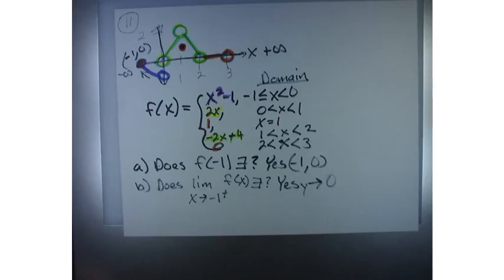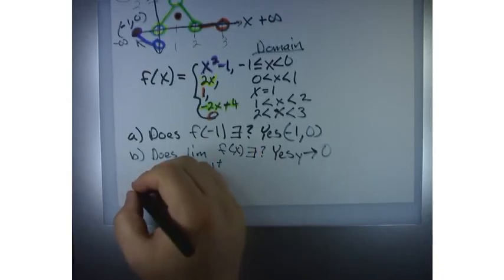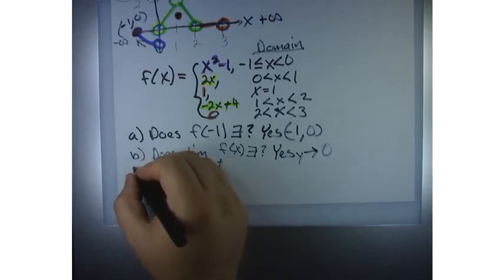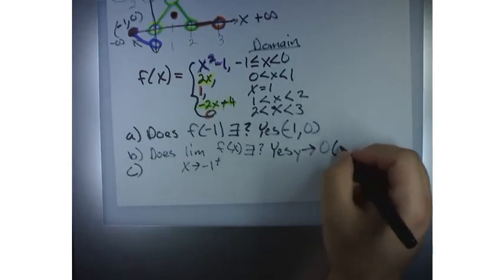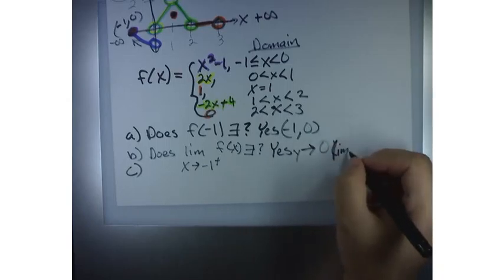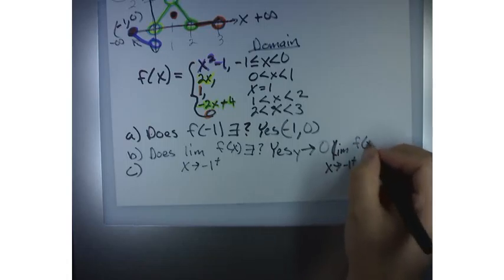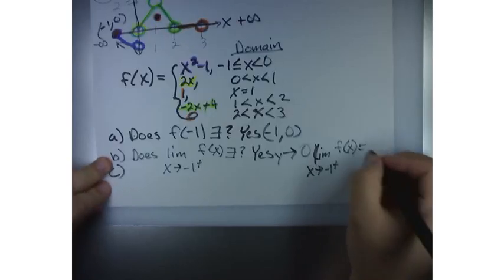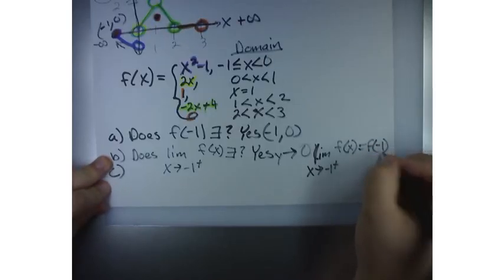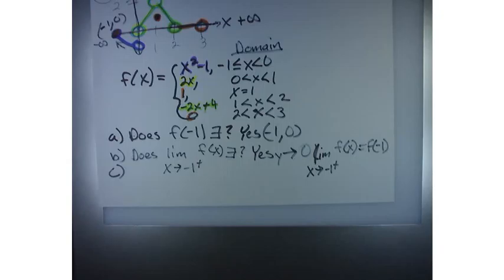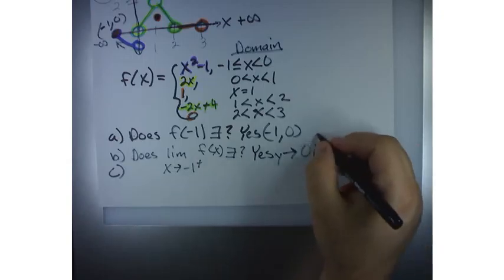Is f continuous at negative 1? Oh, I skipped C. Oh, this is C and B, right? So a more formal way to do this is to say that the limit, which is 0. So that's kind of B and C. This is really part C here.